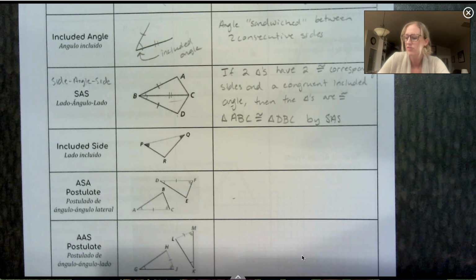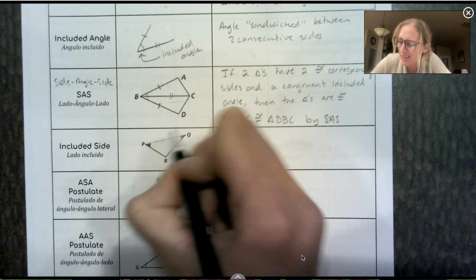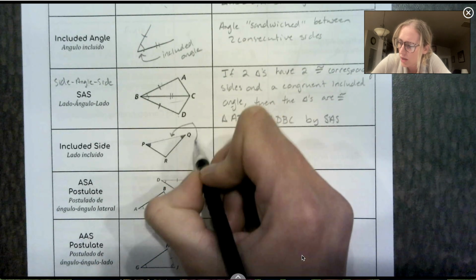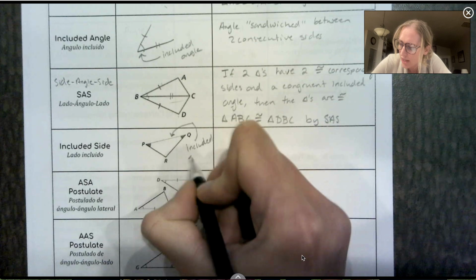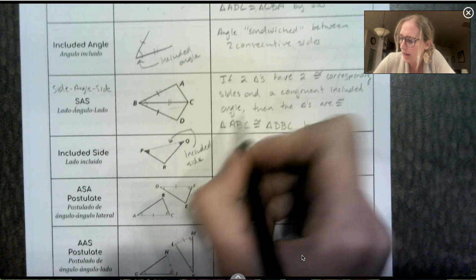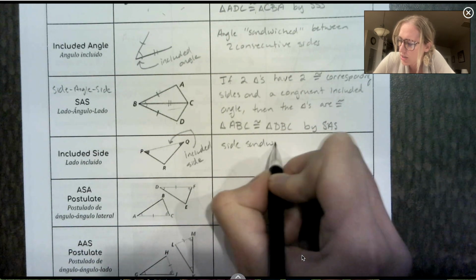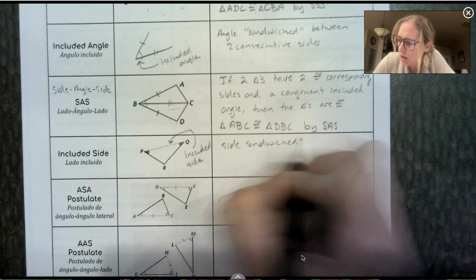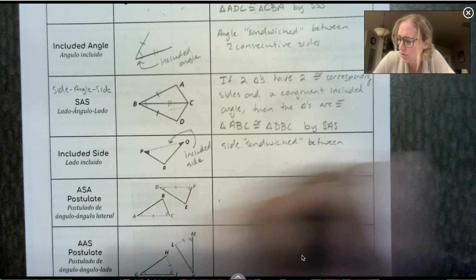Okay, included side. So in this one, if I'm talking about these 2 angles, this side would be the included side. It's sandwiched between the 2 angles I'm looking at. Okay, so side sandwiched between two angles.